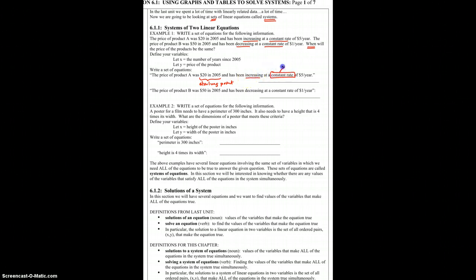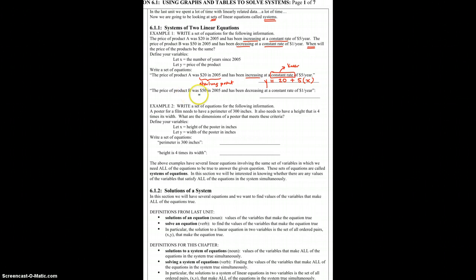In the last section, we learned that when things change at constant rates, we have linearly related data, and there's a linear equation that describes the relationship between those two variables. So if y is the price of the product, it started out at $20, and it's been increasing, so we're going to add on $5 every year. So we need to multiply this by the number of years since 2005.